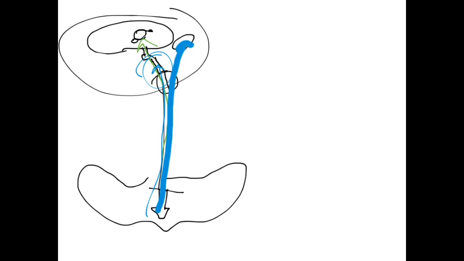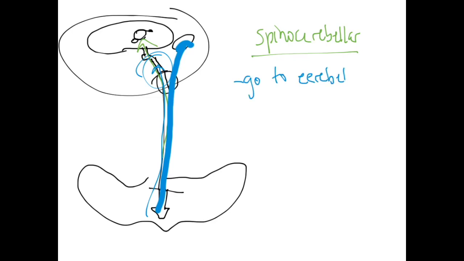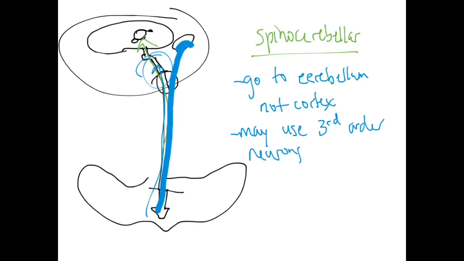So spinocerebellar tracts don't decussate. And just give me a sec on these third order neurons I'm about to do first, second, and third.